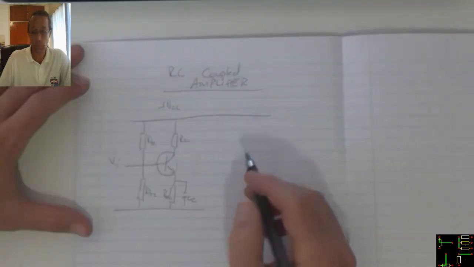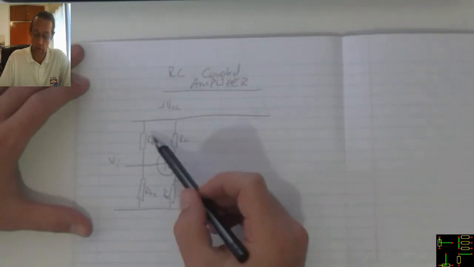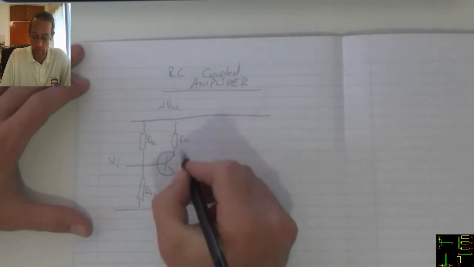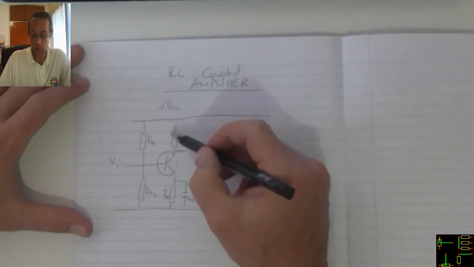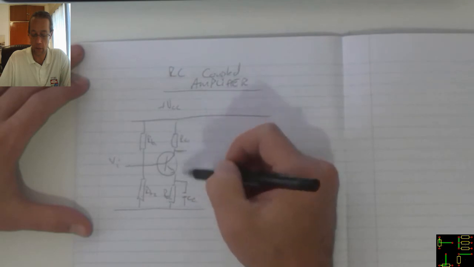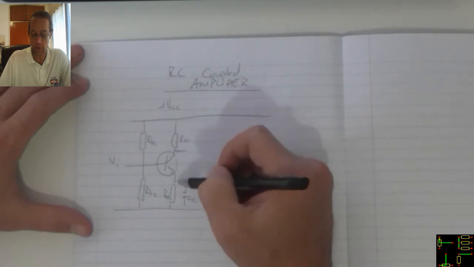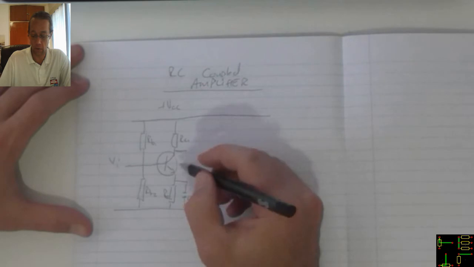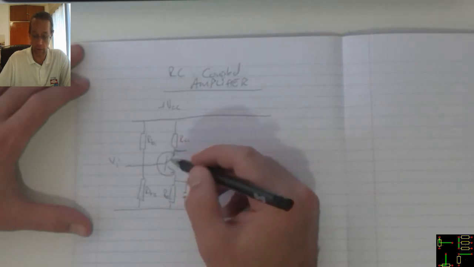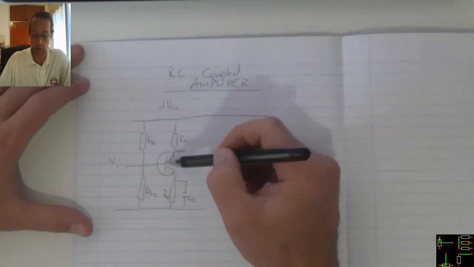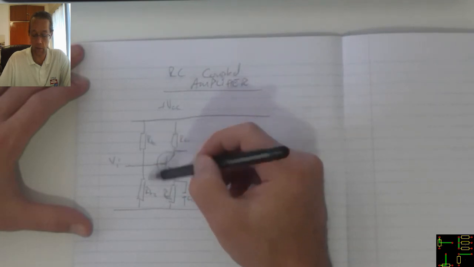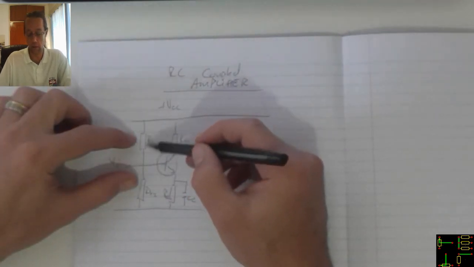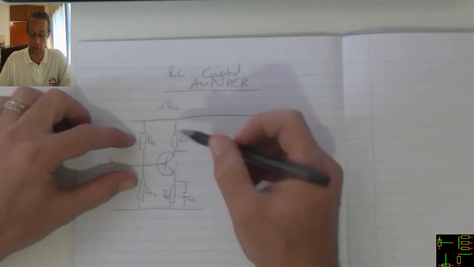The RC coupled amplifier. Okay, in this circuit, although we're going to double it, RC1, or the collector resistor, serves to cause a voltage divider for the output. The transistor is in charge of the amplification, and the gain, or the Q point, will be determined by the values of those two resistors.